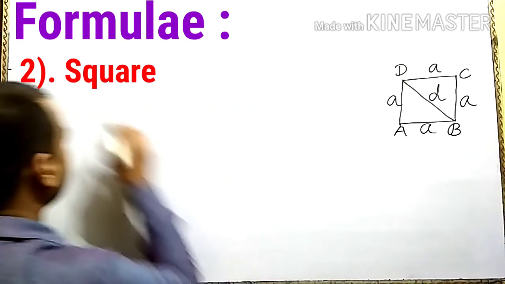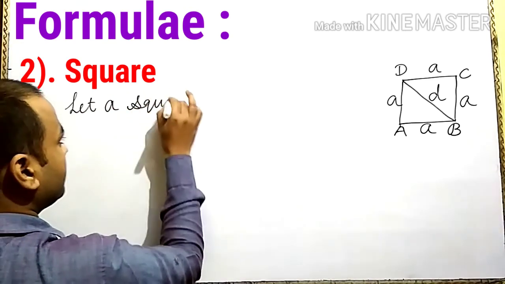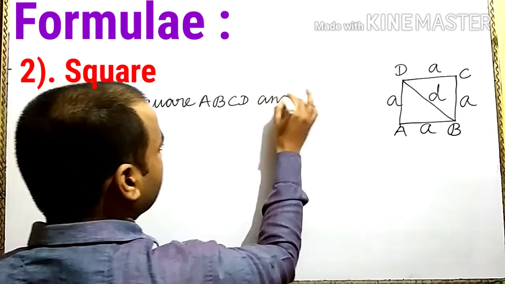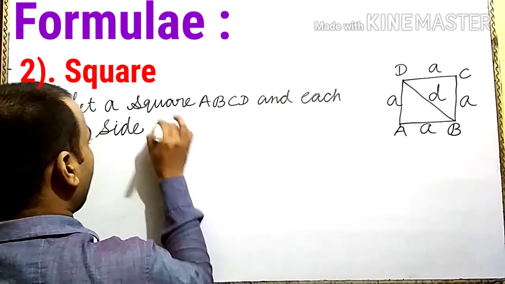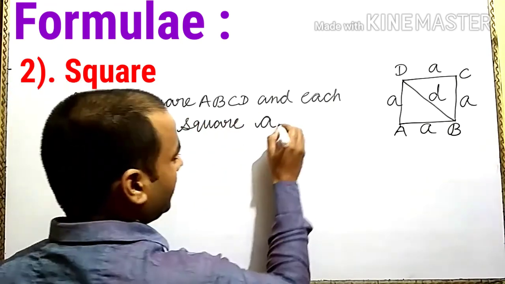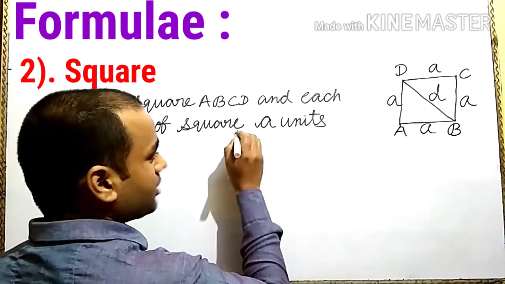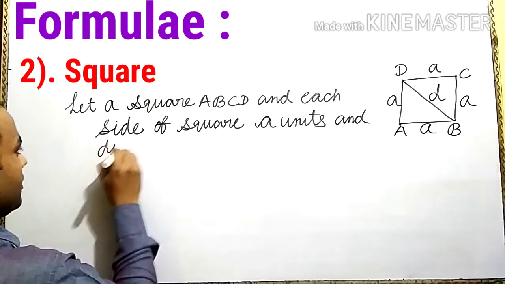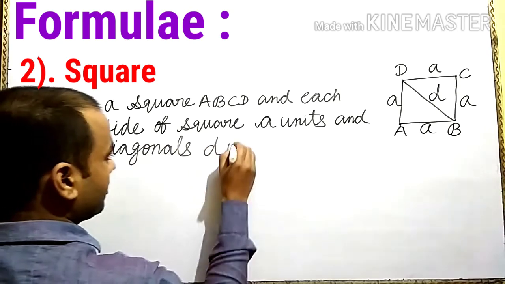So let ABCD be a square, each side of the square a units, and diagonal d units.